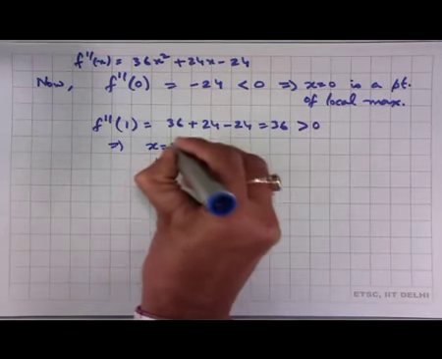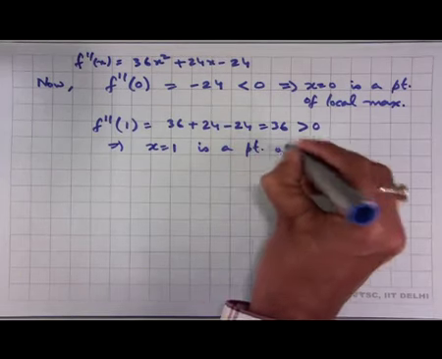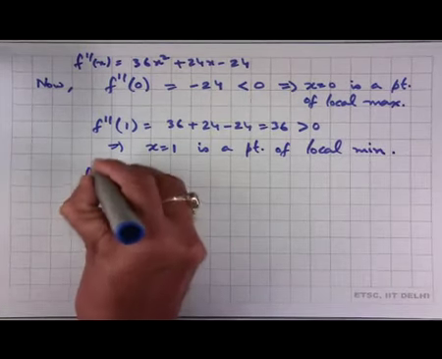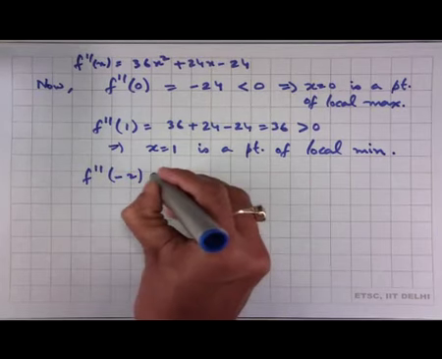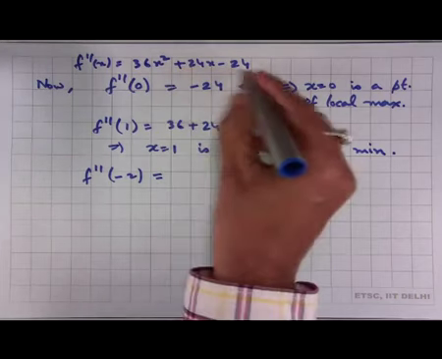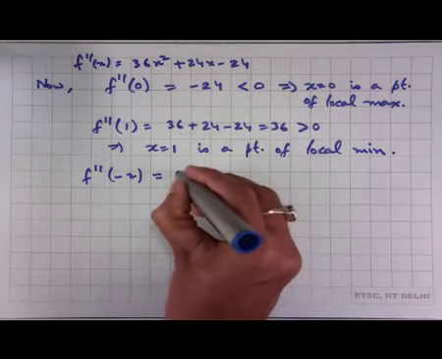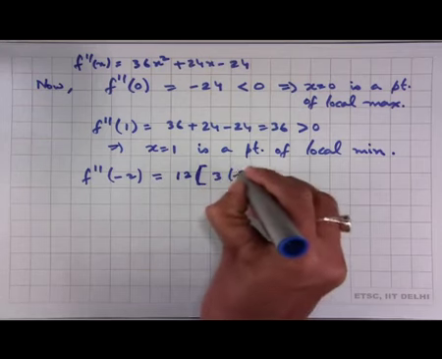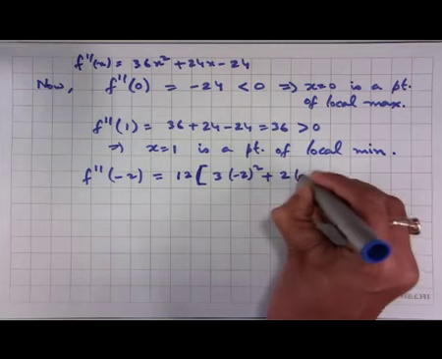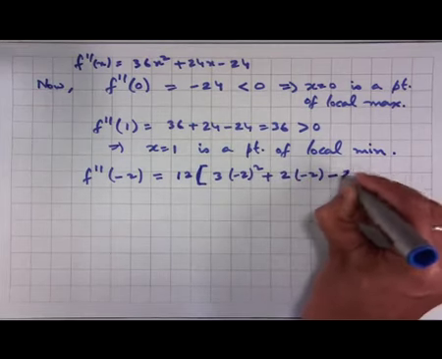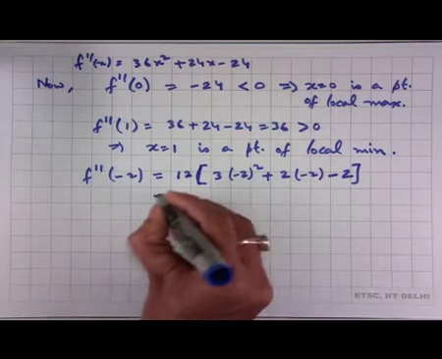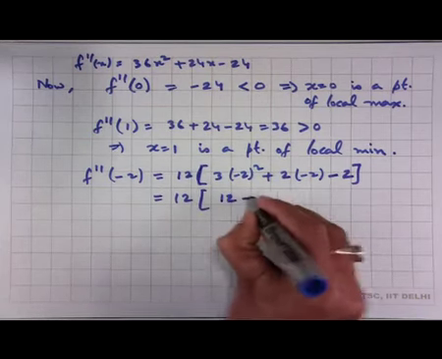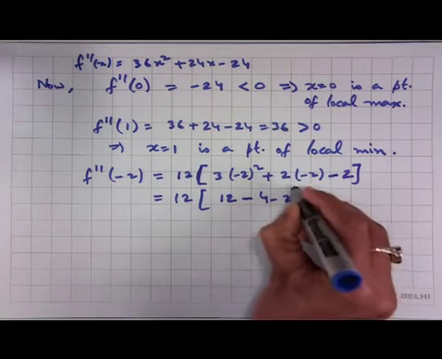This implies x equal to 1 is a point of local minima, and f double prime at minus 2 is equal to, so here we can factor out 12, and then we have 3 times minus 2 squared plus 2 times minus 2 minus 2, which is equal to 12 times 3 times 4 is 12 minus 4 minus 2, which we see is positive.